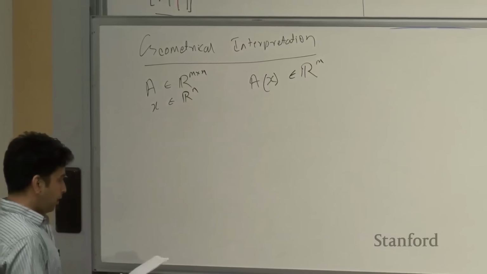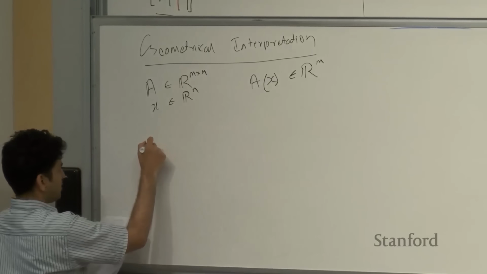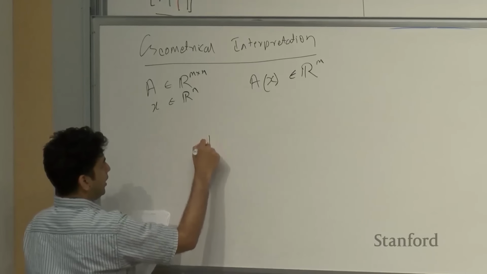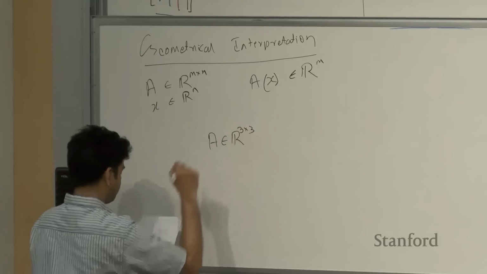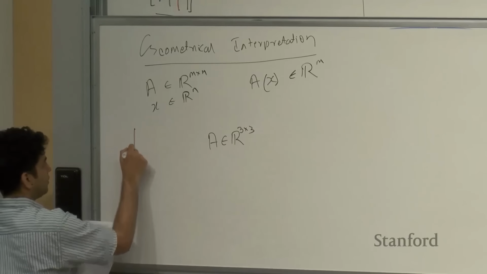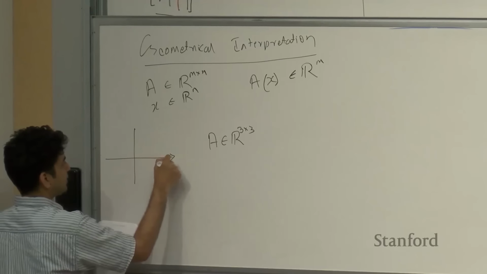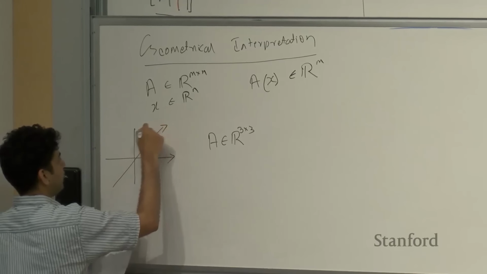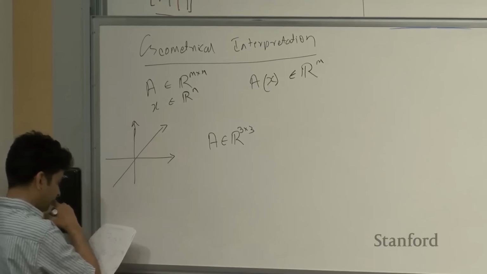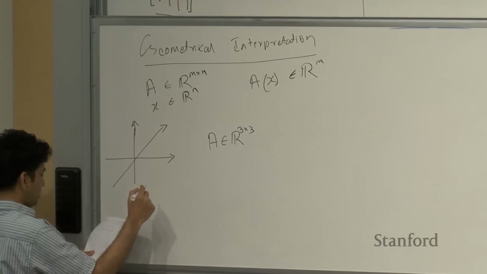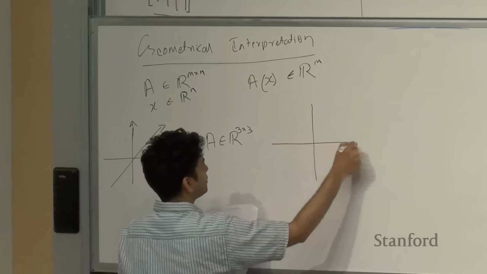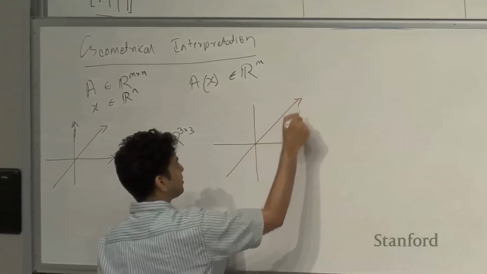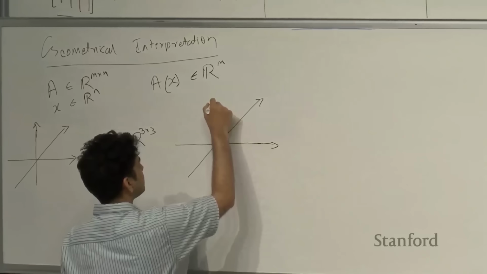Now, let's assume we have A in R^(3 by 3), right? Which means it takes as input values from a three-dimensional space, and its output is also a three-dimensional space, right?